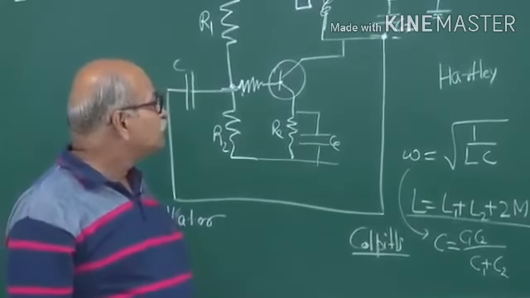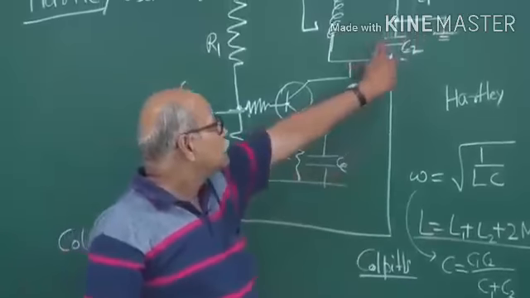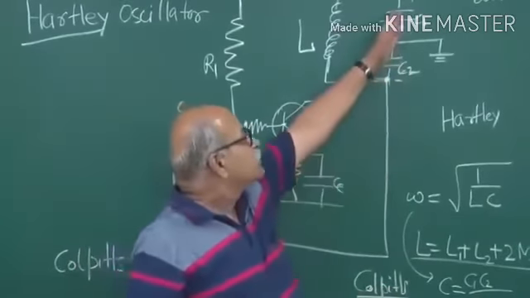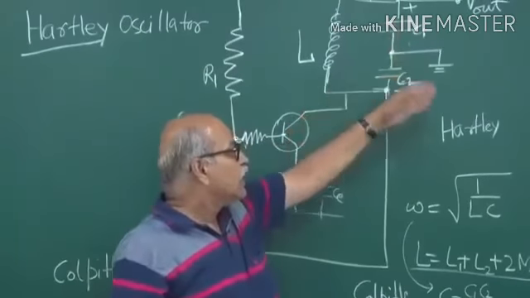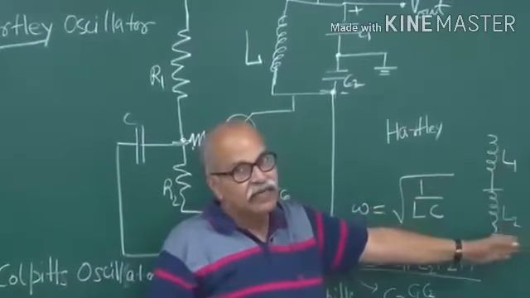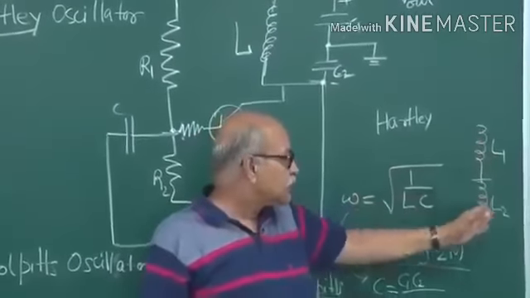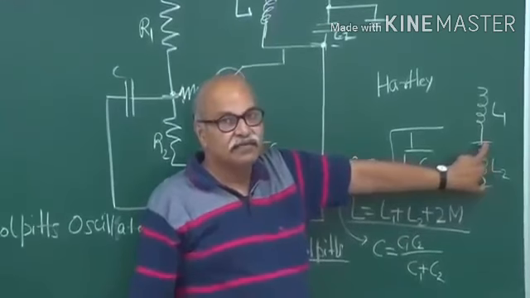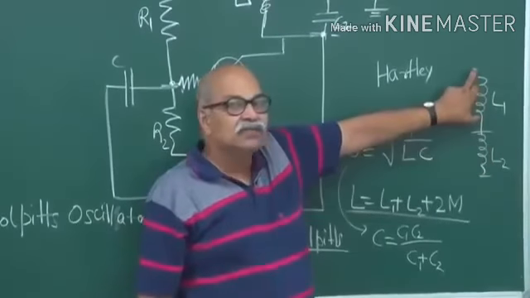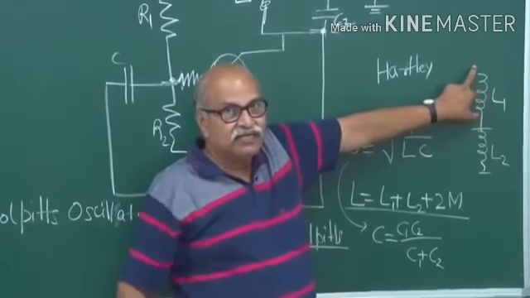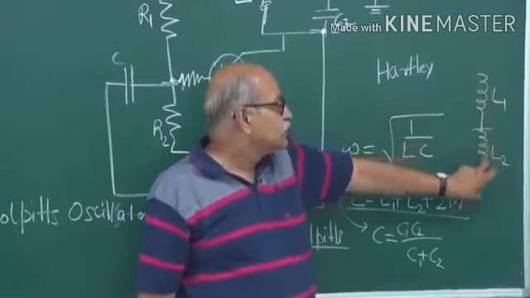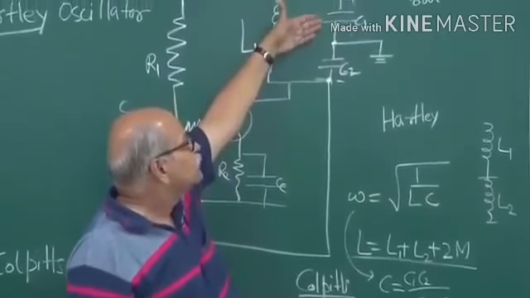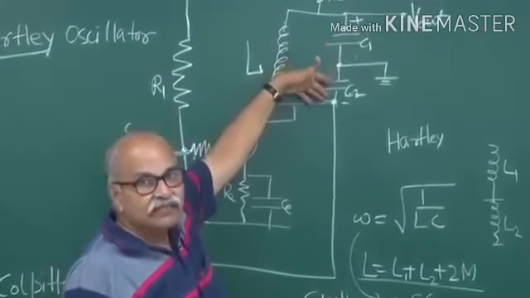And how much will be the feedback, what fraction will go into the feedback, is again decided by the ratio C1 and C2, and for Hartley the ratio L1 and L2, because the same current is going. The part which is going into feedback and the part which is going into the output, that fraction will be just the ratio of L1 and L2, and similarly here it will be the ratio of C1 and C2.